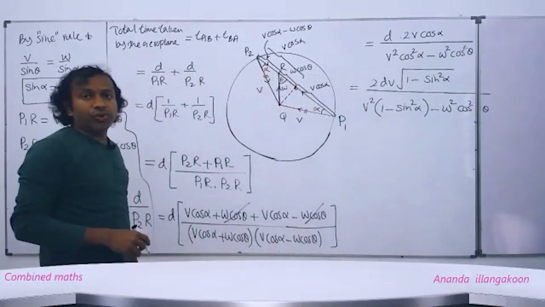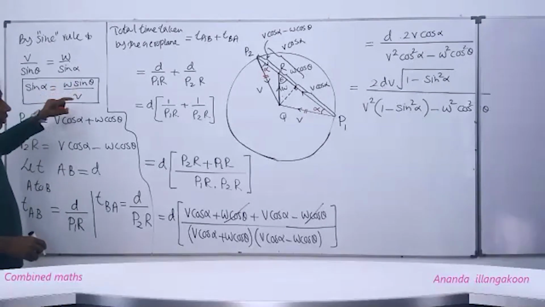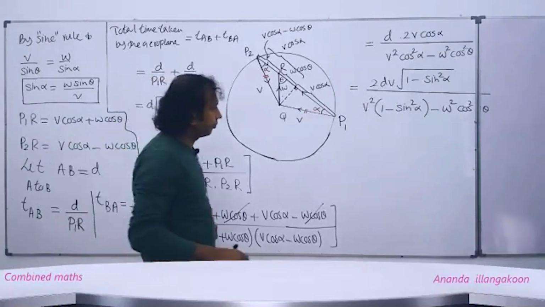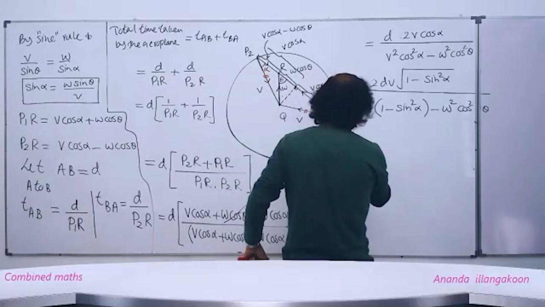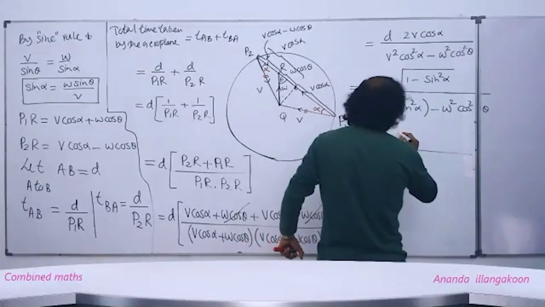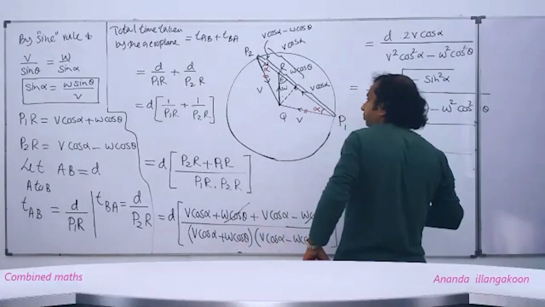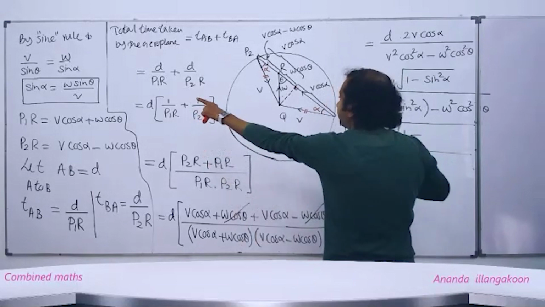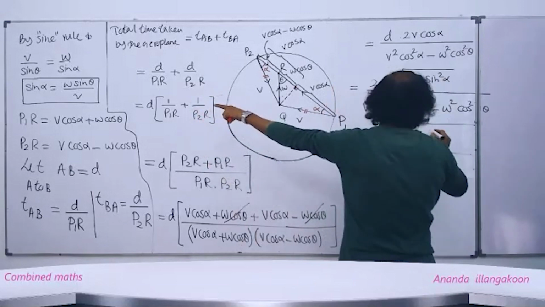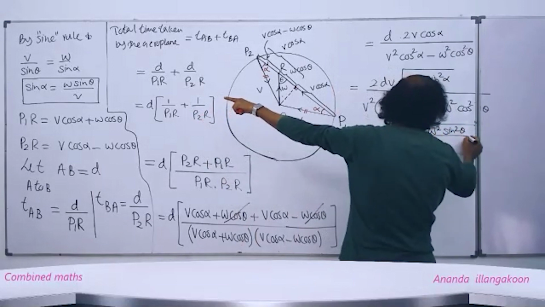Now substitute for sine alpha. What is sine alpha here? It is W sine theta by V, right? So we have 2DV times the square root of 1 minus W squared sine squared theta divided by V squared.